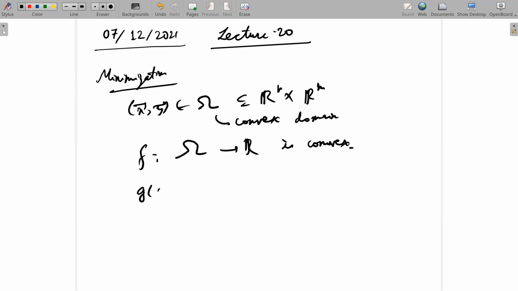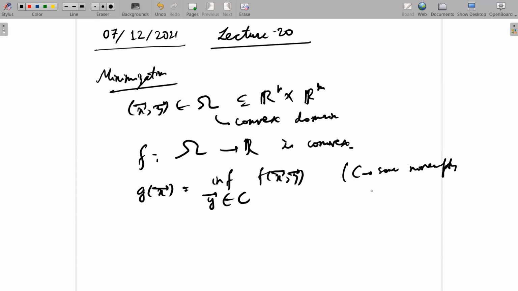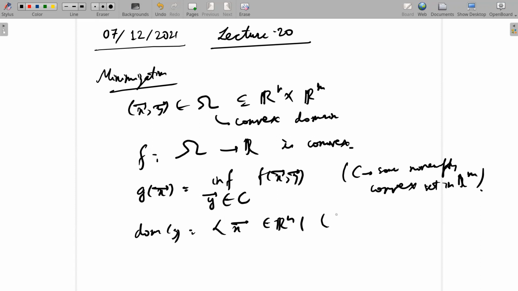If you define g of x in this manner, as the infimum over y in C of f of (x, y), where C is some non-empty convex set in R^m, then the domain of g will consist of all those x's in R^n such that there is some y such that (x, y) belongs to the domain of f, which is omega. Otherwise, you don't consider such x.